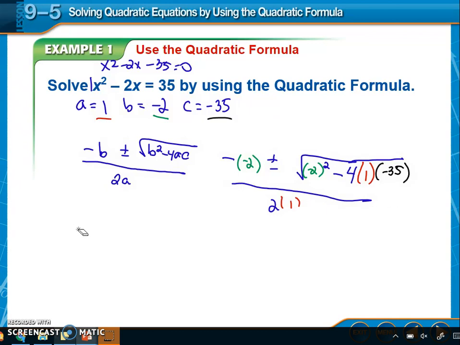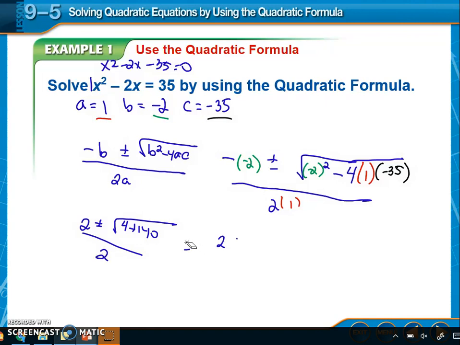So a negative 2 is a positive 2, plus or minus the square root. Negative 2 squared is 4. 4 times 1 times negative 35 is, 35 times 4 is 140. So I have 2 negatives, which makes it positive. So it's going to be plus 140 over 2 times 1 is 2.